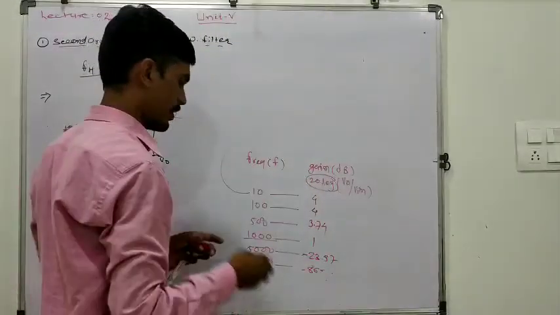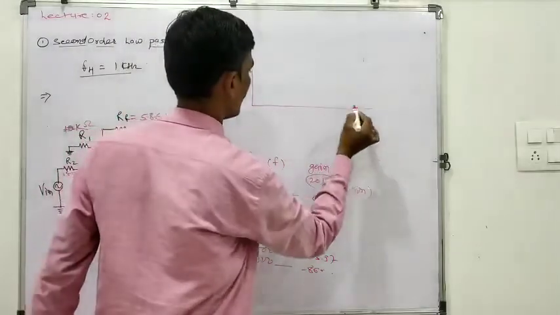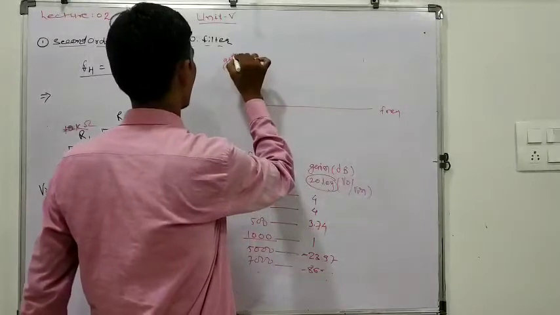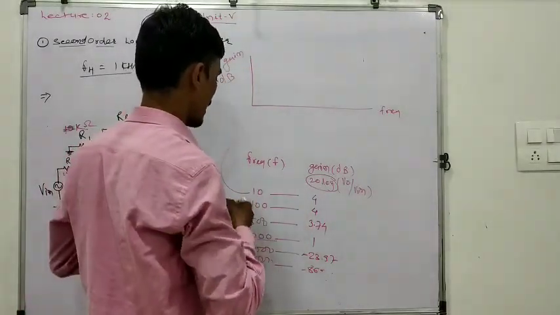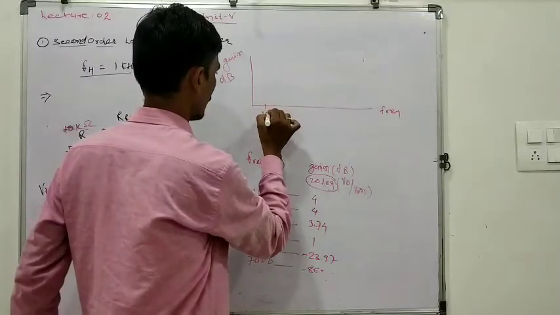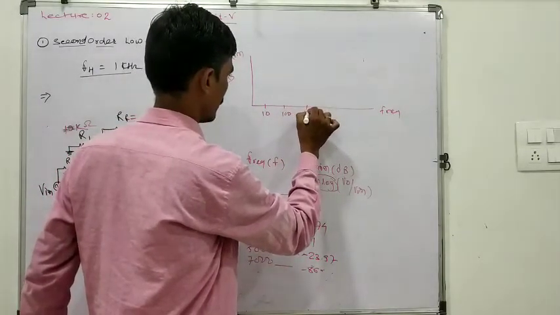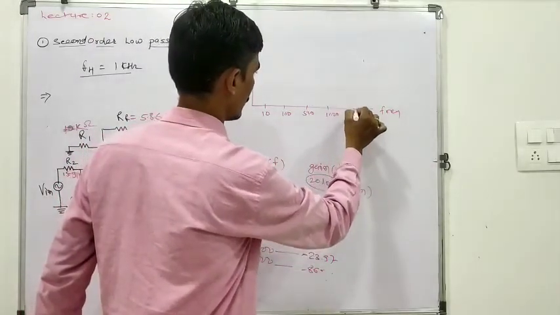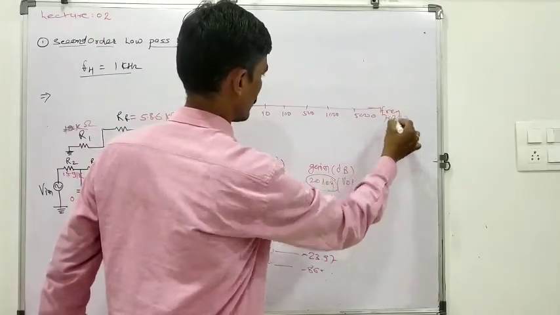Here we are going to plot the frequency response, and frequency response is nothing but the graph between frequency and gain, and that gain is in decibel. So I just mark here 10, 100, 500, 1000, 5000, here 7000.